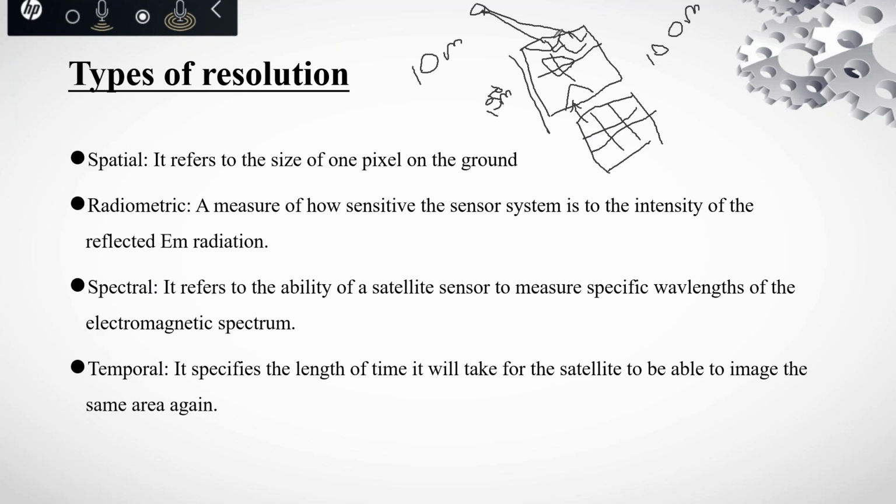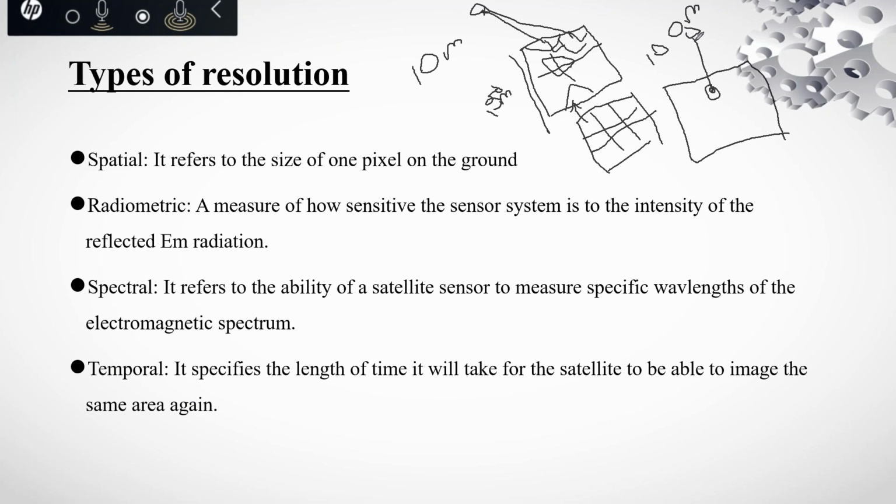And temporal resolution basically defines, like we have an area like this. Suppose the satellite is above this place on the earth. So temporal resolution specifies the length of time it will take for the satellite to be able to image the same area again.